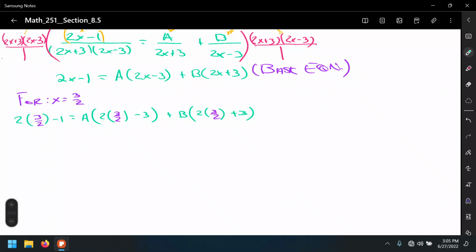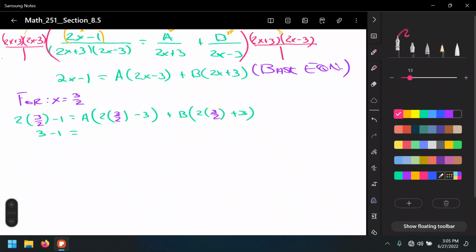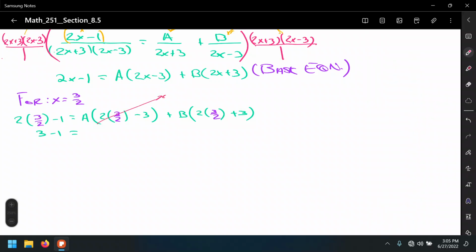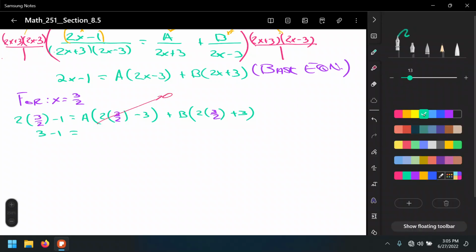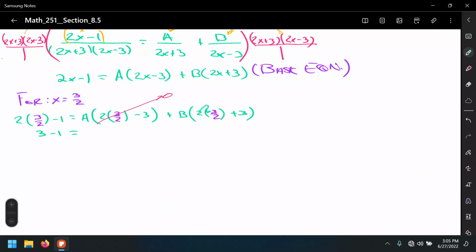These two's cancel. That's a 3 minus 1. And this cancels 2 over 2, leaving us with simply 3. But 3 minus 3, what is that? So this zeroes out. And over here, 2 over 2 cancels, leaving us with 3 plus 3, which is 6. 3 minus 1 is 2. And b equals 3. All right?